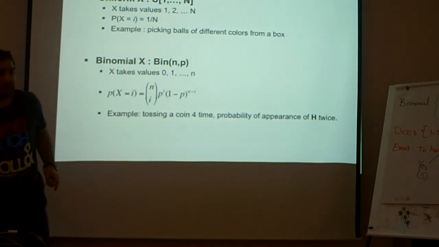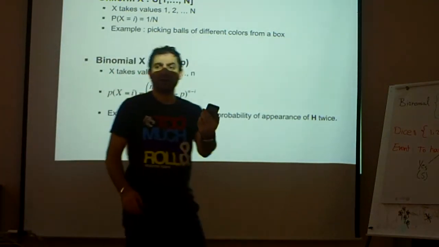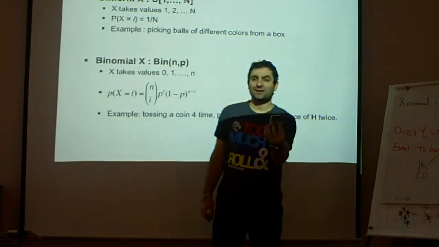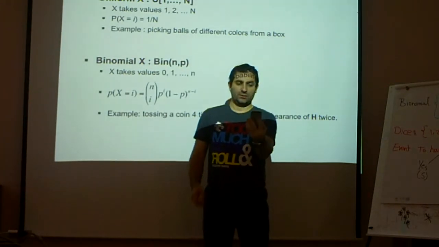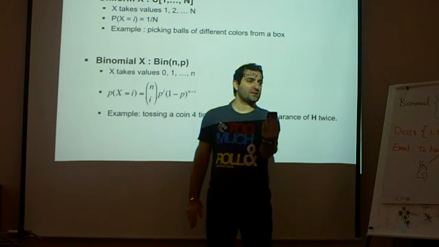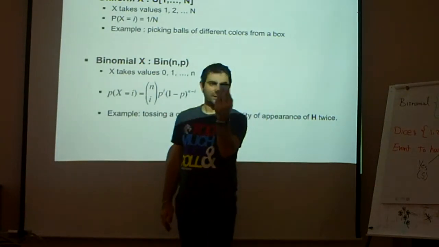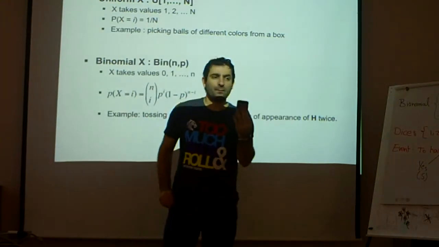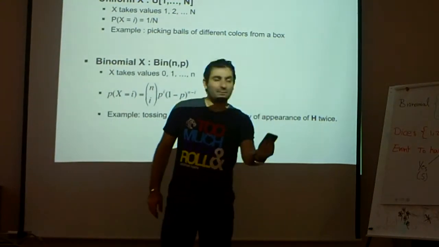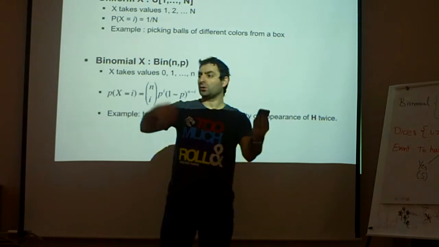You have a mobile phone, okay, and you want to see what is the probability of making the connection. You can assume that it is a Poisson process. It's a Poisson process generally when we are talking about mobile communication. But we can either make the connection or not make the connection.